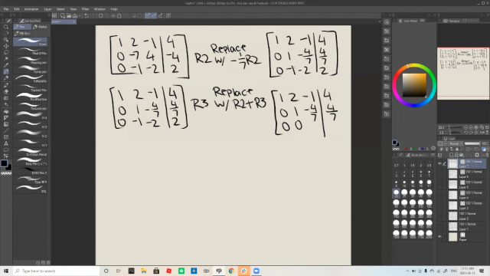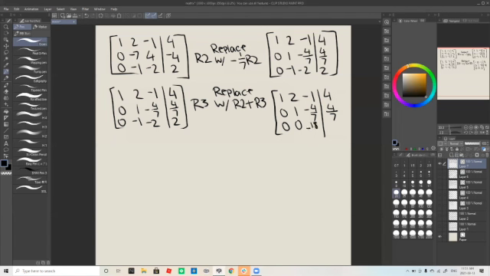So now that we had this and the -4/7 plus the -2, we had the -18/7 now.